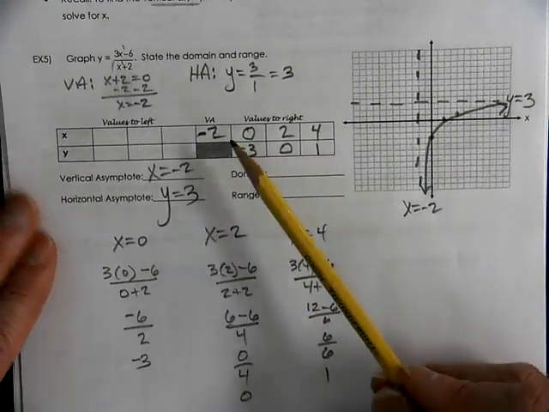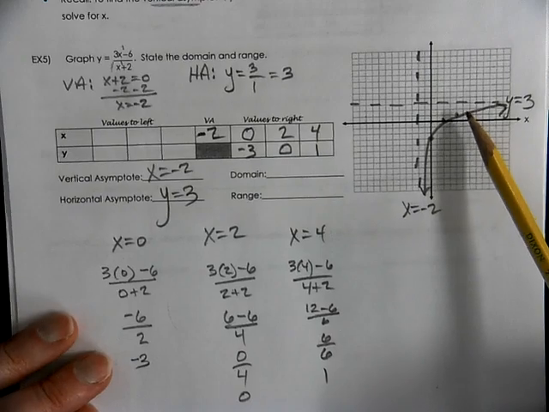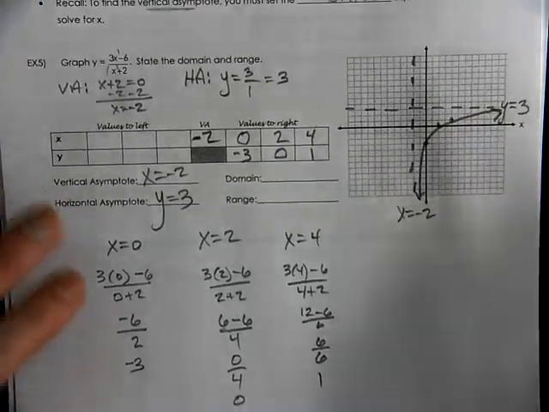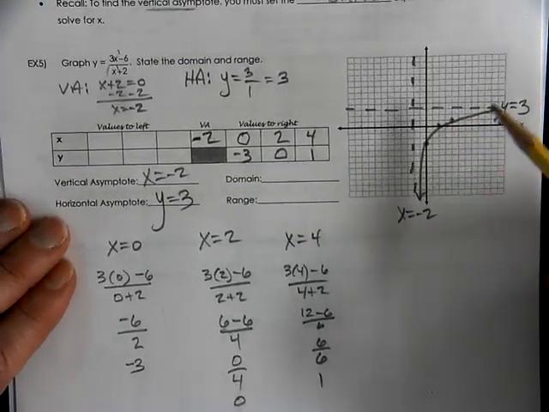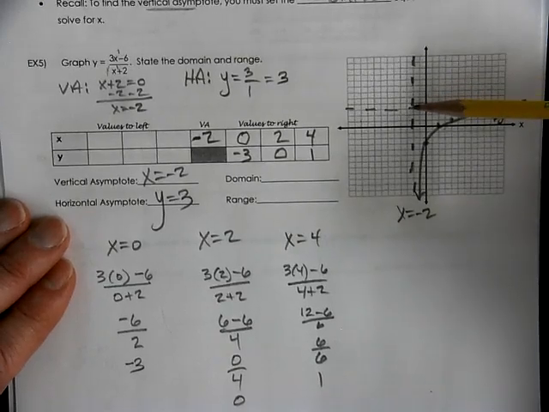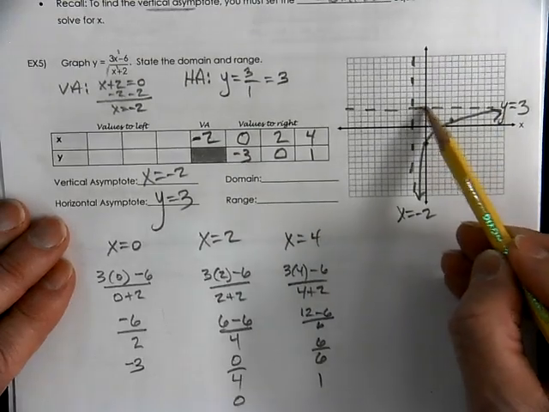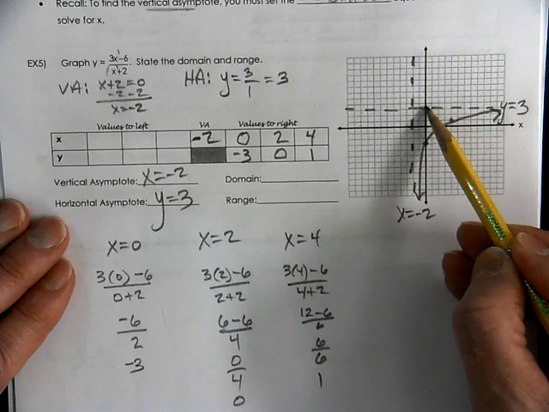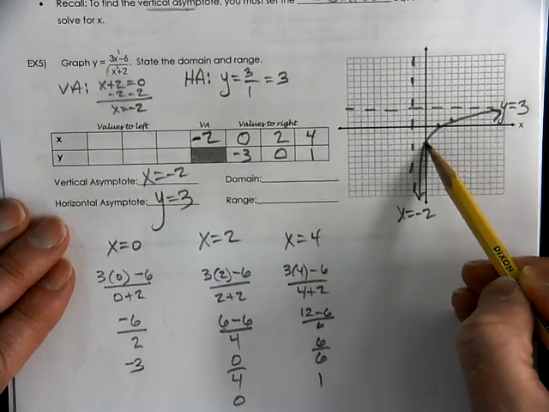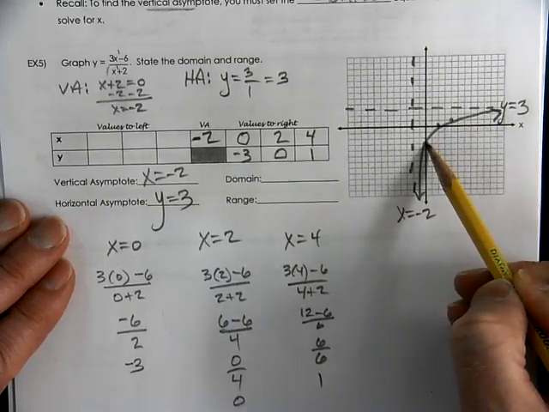So let's use the idea that these branches are symmetrical. So if the branches are symmetrical, now we're going to go to the intersection of the asymptotes, kind of like the new origin. From that intersection, we're going to count over to the right 2 and down 6 to get to our point.